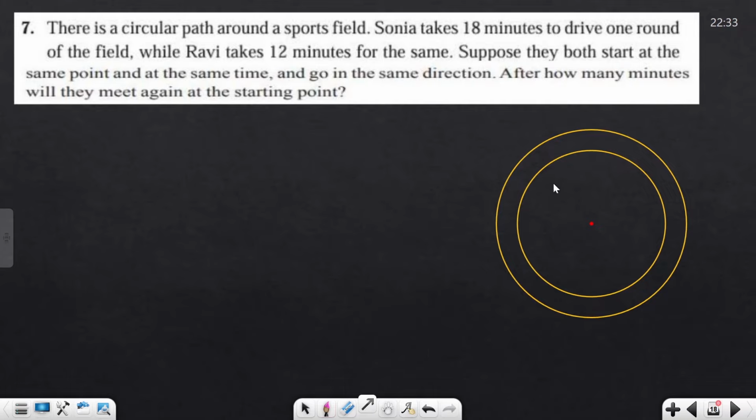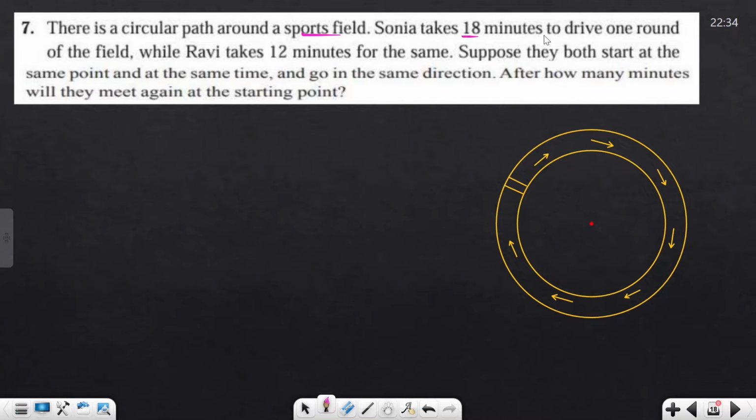Now we make lines on it. Suppose it is a line where we start. We make a circular ground path.